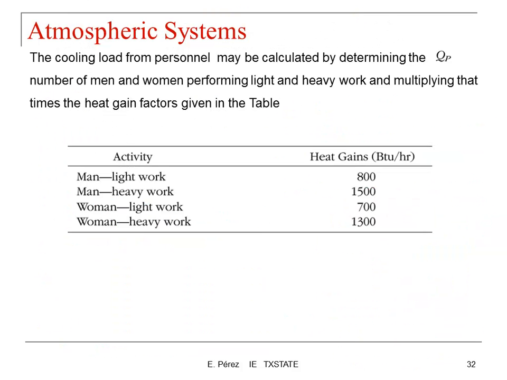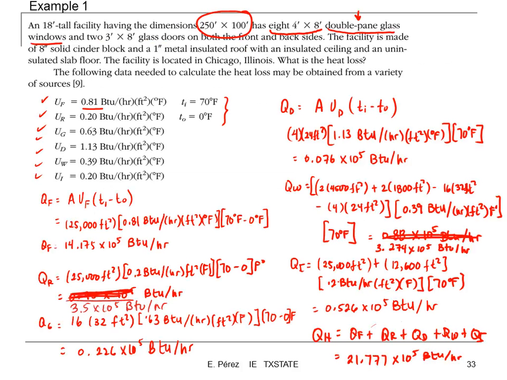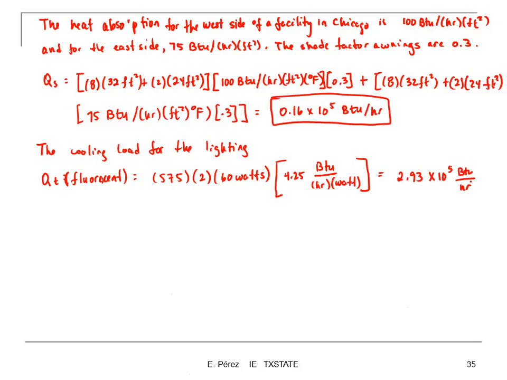So we're going to use the estimate for men 800 and women 700. So let me put that here with the aid of the table on slide 32.